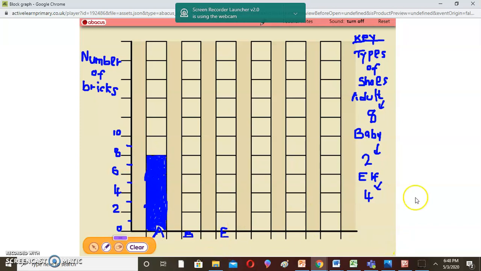What about when you're asked to color 2? The baby weighs 2, so we are going to count 2. This is where 2 is. You don't pass that box, which means you're just going to color that block only.